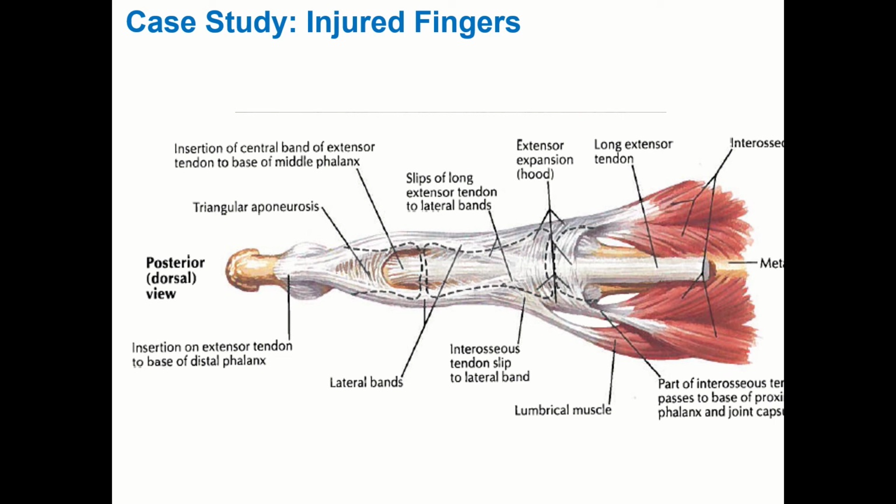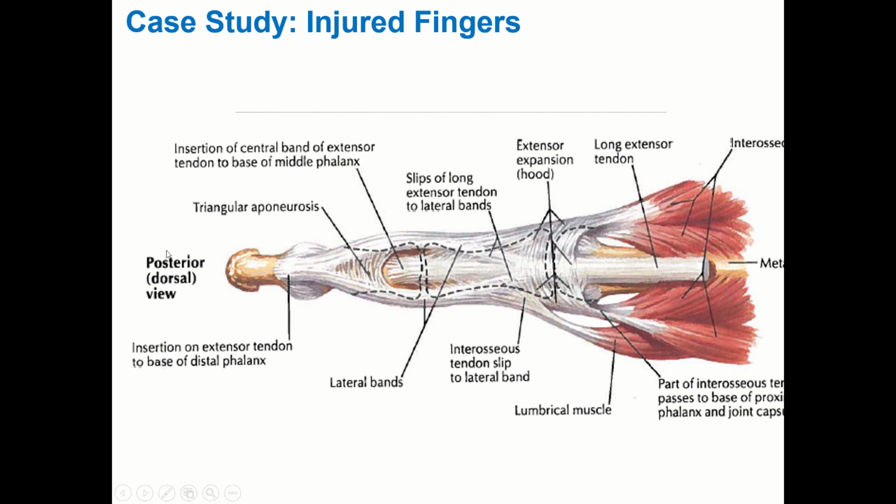This is the tendon of extensor digitorum, and you can see it actually splits into three parts. There's one slip over here, and another one over here, so it kind of makes a Y, and then there's a central part of that tendon. This central part inserts here on the middle phalanx of the finger.